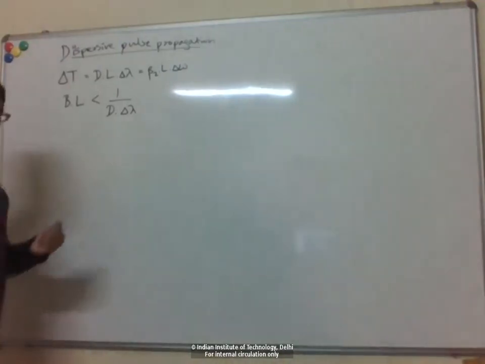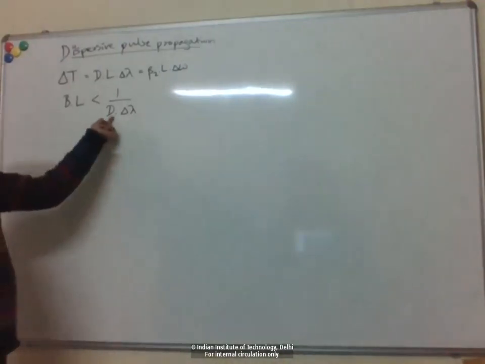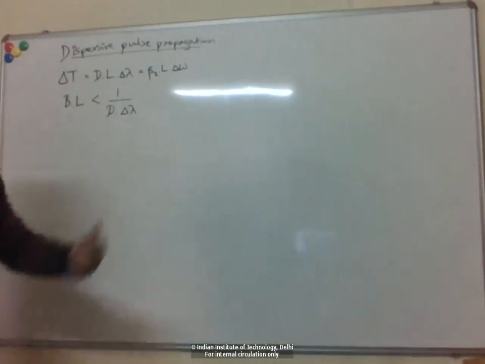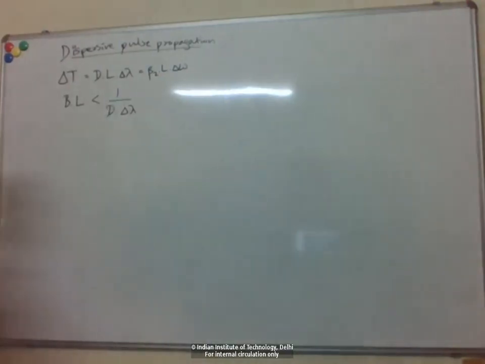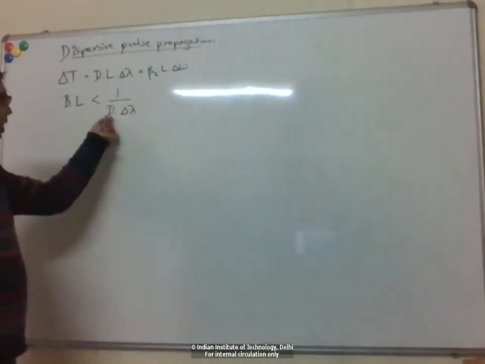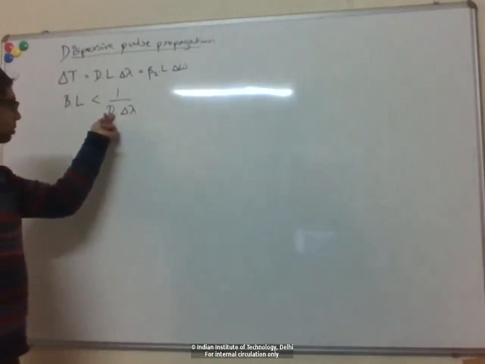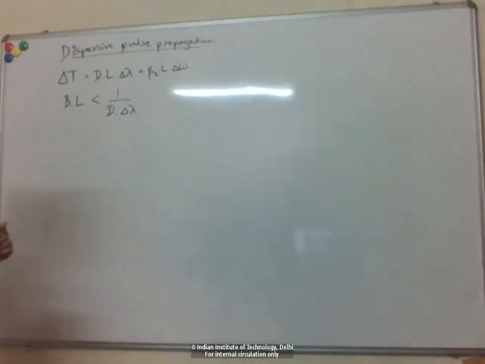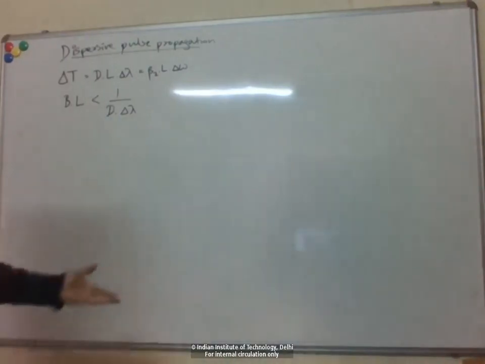So we discussed various cases last time. For example, how this D depends on wavelength, and that we can operate close to the zero dispersion point, the wavelength where D is zero. Then you start getting limited by the next higher order dispersion, third order dispersion.